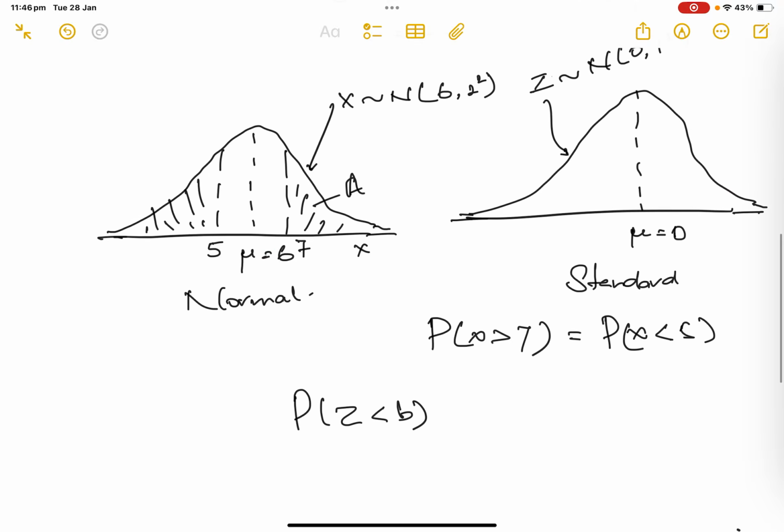That is why I have the Z sketch. The 0 is the mu.